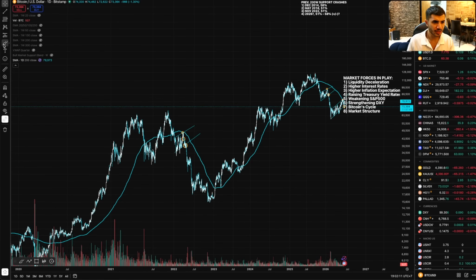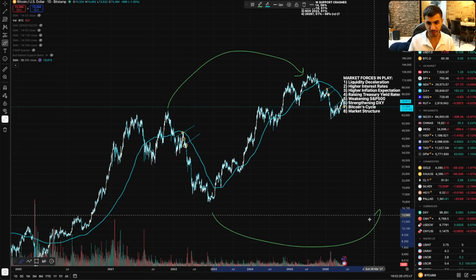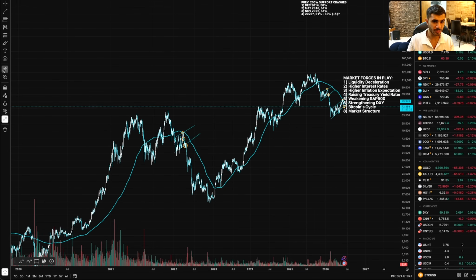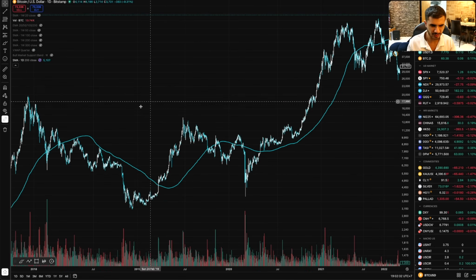But approximately, we find the top happens every 4 years, and the bottom also happens every 4 years, right? It's a 4-year cycle, and usually from the top to the bottom we need approximately 364 days, but one cycle was around 410 days, right? And that's the first cycle.